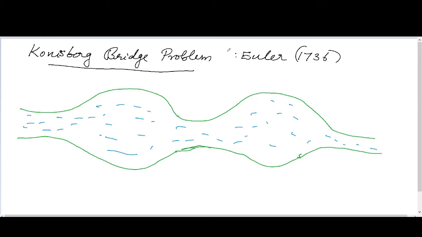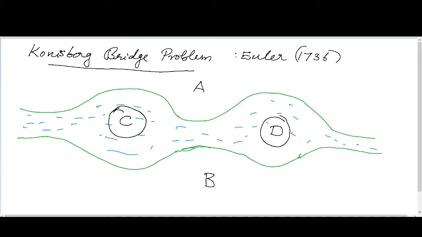Now we want to draw the 2 islands. Suppose this is the land area A, this is the land area B, this is island C and this is island D.